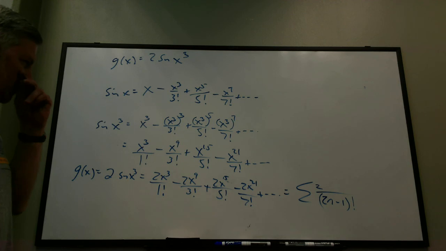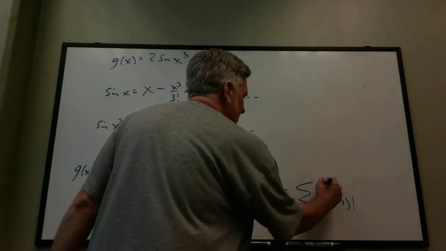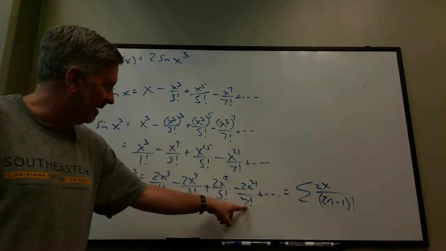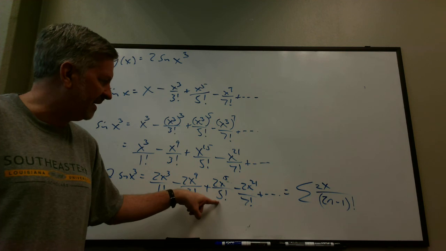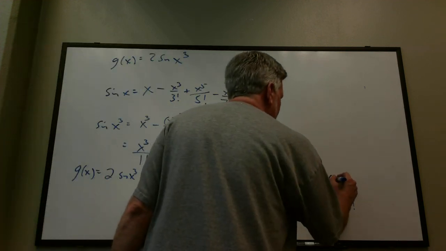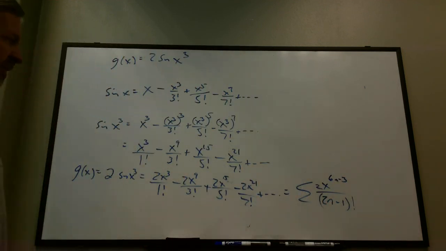Now what's the exponent going to be on the x? It's 3 times the expression for the factorial, so 2n minus 1 times 3, which is 6n minus 3, or again, 3 times the quantity 2n minus 1, however you want to do it.